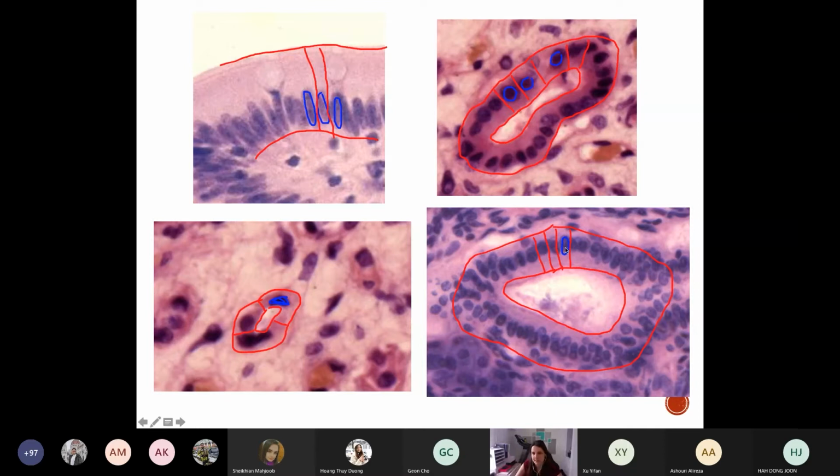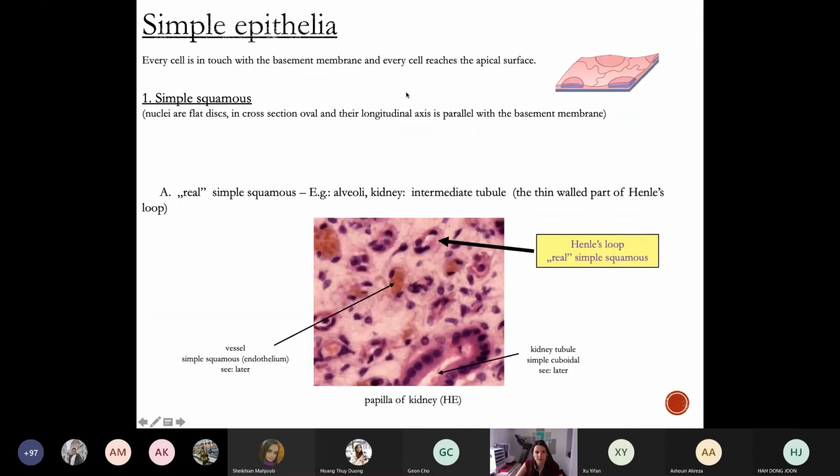Great. Now let's go on. Let's see the simple squamous epithelia, first of all. In the case of the simple squamous epithelia, we can distinguish three main types. We have the so-called real simple squamous epithelia, which has no specialties.